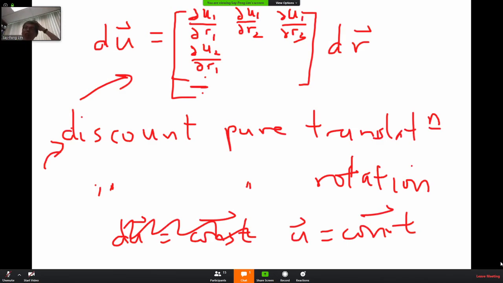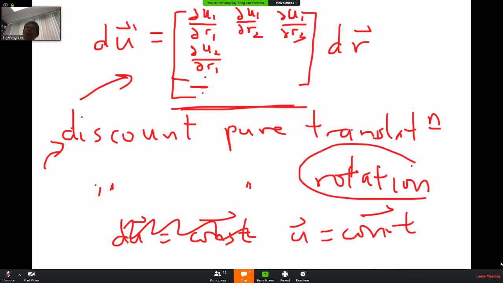So it doesn't matter whether you translate or not. Du would automatically not worry about it. It doesn't care about it. However, that's not true of rotation. All right. In rotation, you find that the matrix of partial u by partial r is not going to be equal to zero.